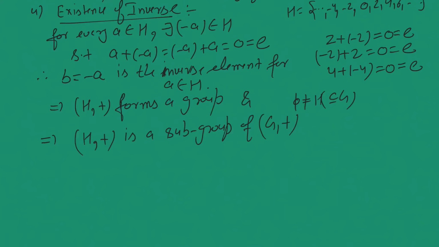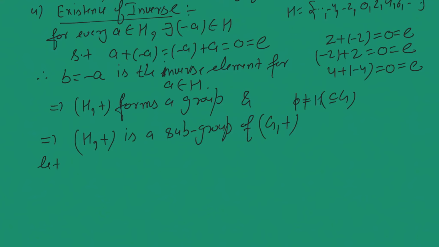So this is what I have from the definition of subgroup, and we have also given an example. One question I am giving you as an exercise, and you will try it and will send me the solution, on how to prove this as a subgroup.